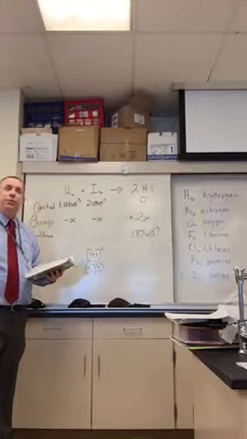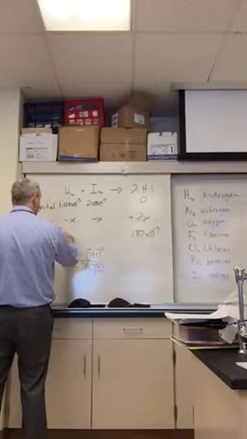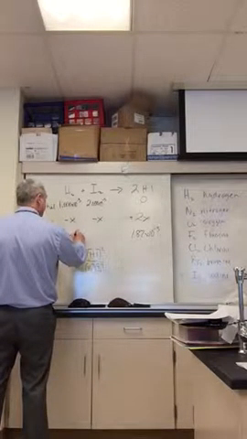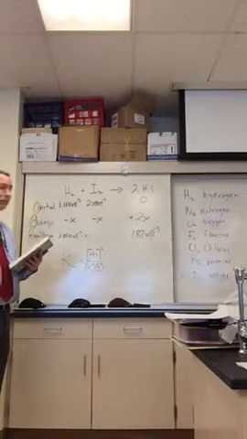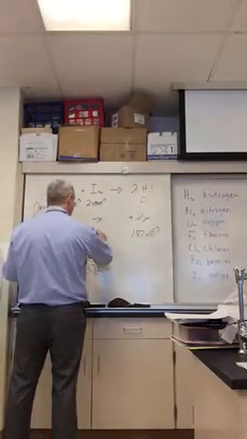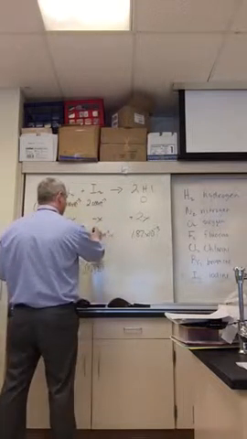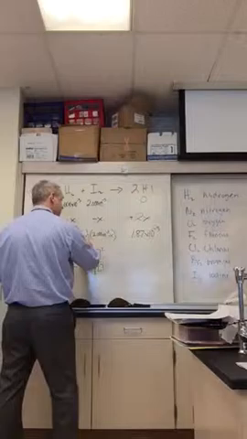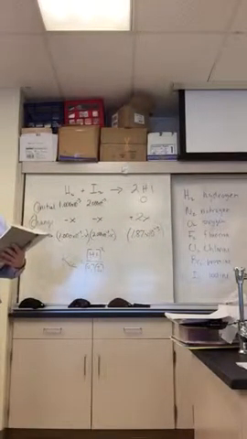Now, what would my equilibrium concentration be? Well, it would be 1.000 times 10 to the negative 3 minus x, wouldn't it? And this one would be 2.000 times 10 to the negative 3 minus x. Does everybody see that idea? Does that make sense?